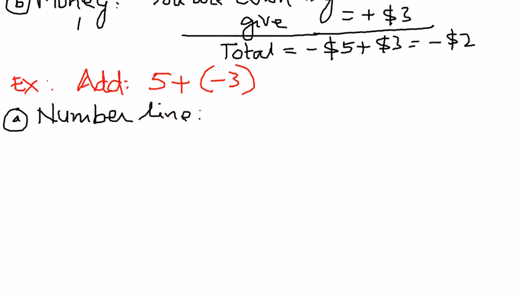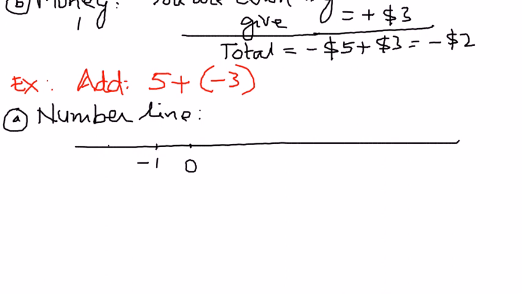We're going to draw the number line, and we're going to represent where the origin is first. On the left hand side of the origin we have negative numbers, and on the right hand side, we have positive numbers 1, 2, 3, 4, 5, 6, 7 and so on.